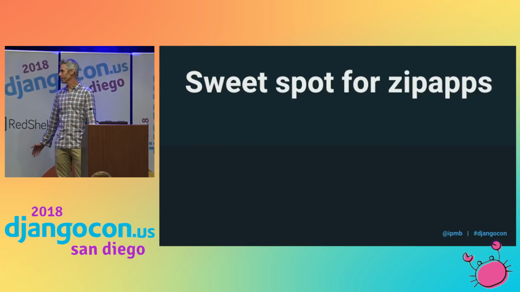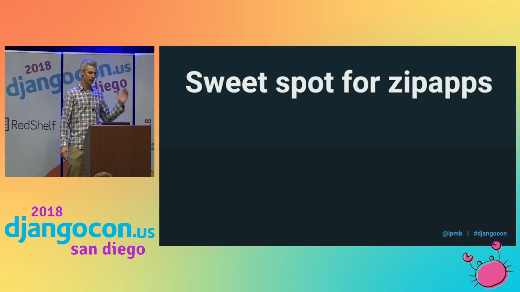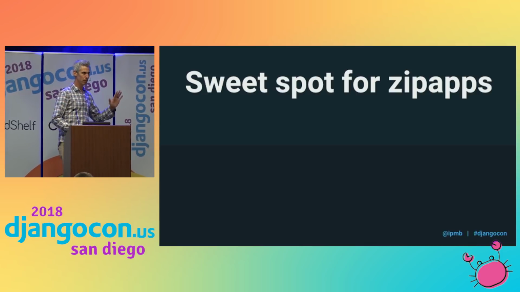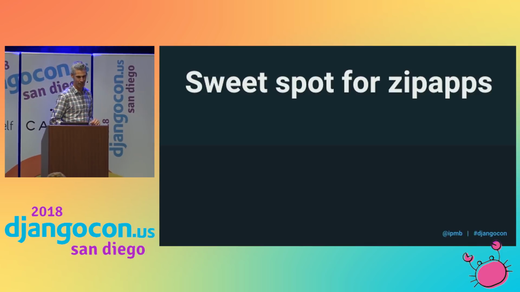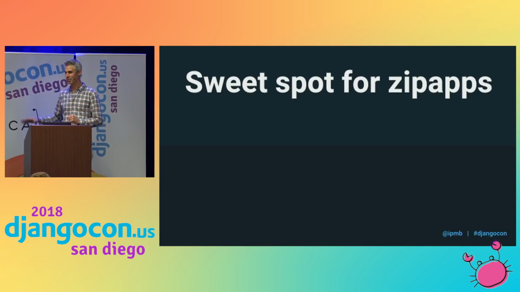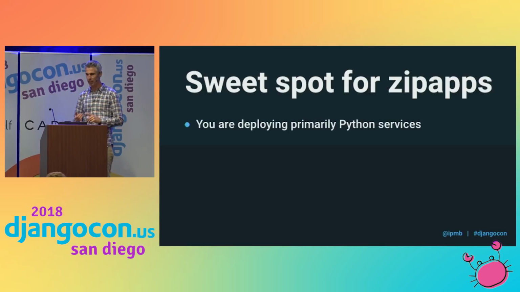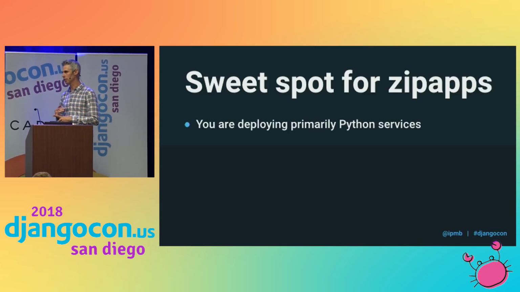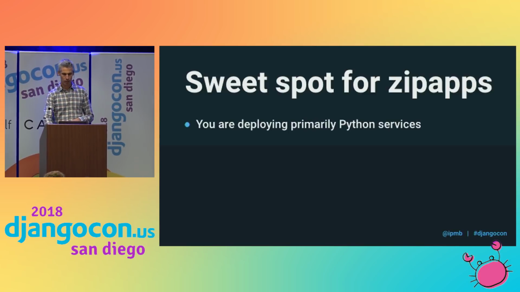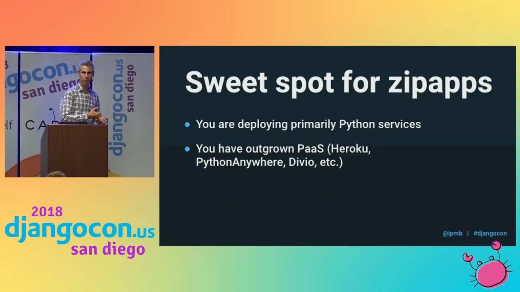So what's the sweet spot here? If you take away anything from this talk, Docker is not for everybody, and this solution certainly isn't for everybody. I would say if you're deploying primarily Python services, you've outgrown platform as a service.